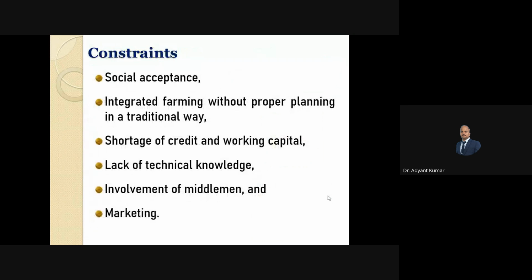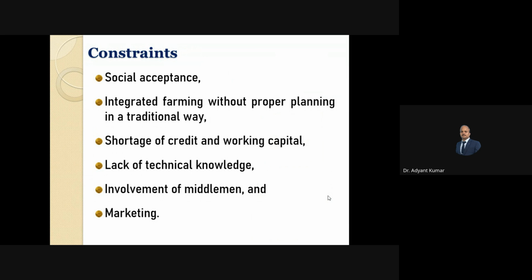The major constraints in adopting livestock are, in various places, social acceptance, which is one of the biggest problems. If anyone is having poultry or pig, they are not accepted by the people of that particular society.